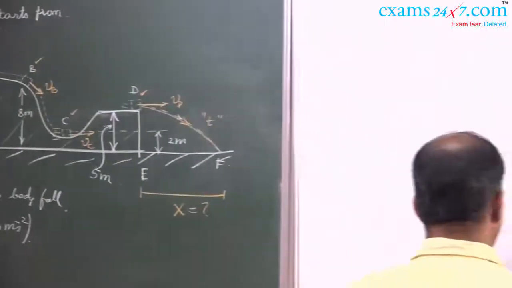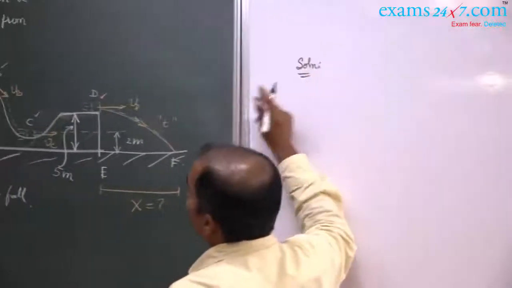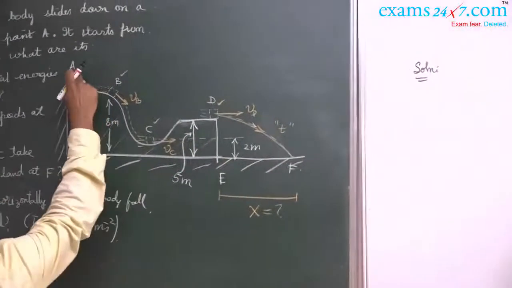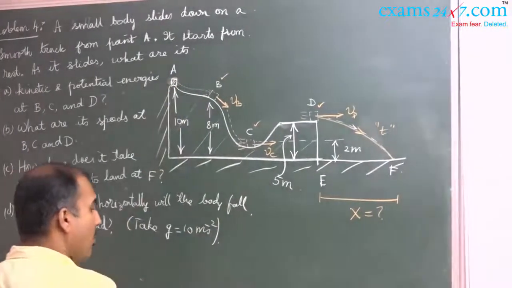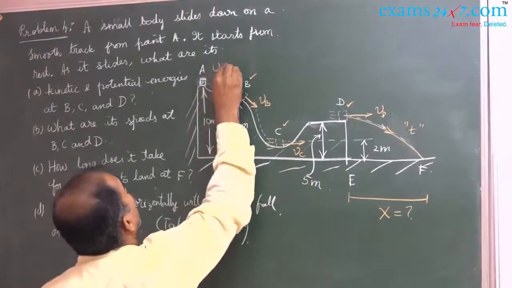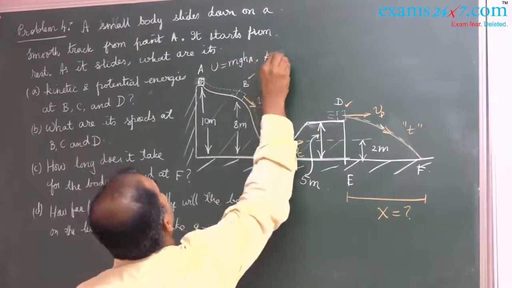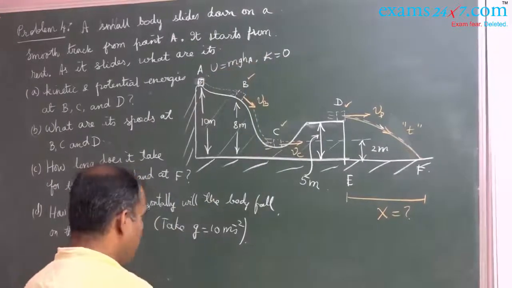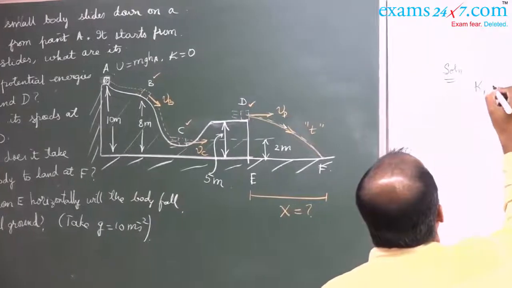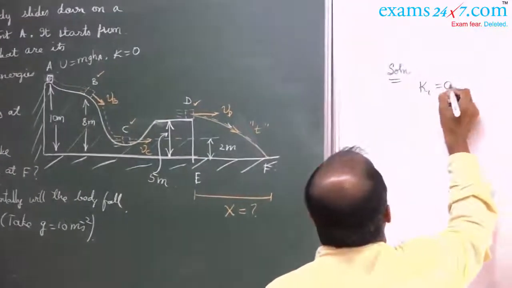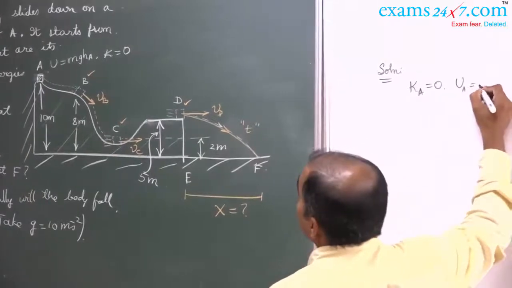So we find that here the total energy, here it was at rest, so therefore the potential energy was mg HA. The kinetic energy is 0 because it is at rest. So at point A kinetic energy is 0. Potential energy is mg HA.